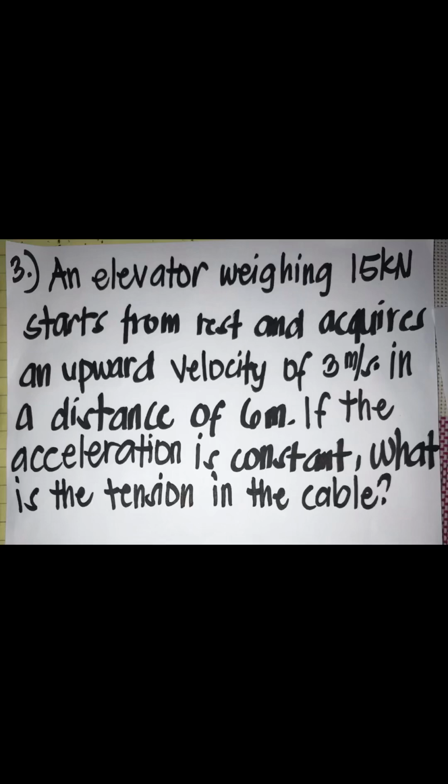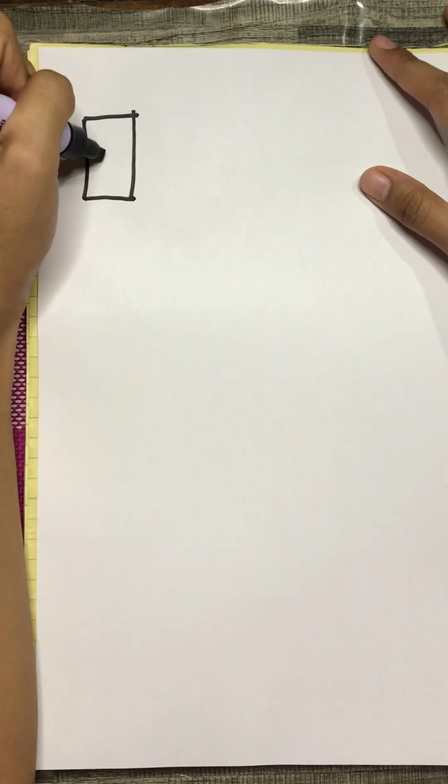Last example: an elevator weighing 15 kilonewtons starts from rest and acquires an upward velocity of 3 meters per second in a distance of 6 meters. If the acceleration is constant, what is the tension in the cable? So the elevator weighs 15 kilonewtons.